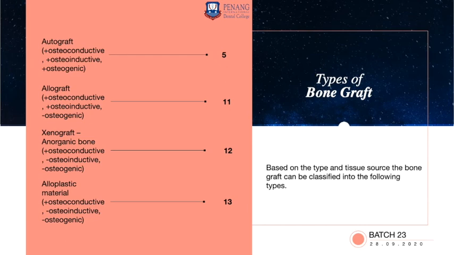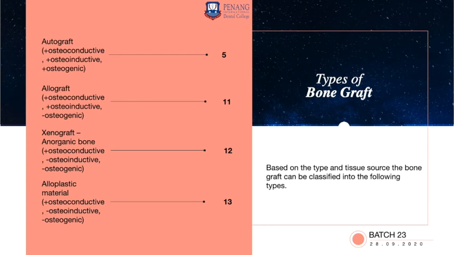The third variant of graft material is xenograft. These are graft materials harvested from a different species, most commonly from cow or ox. So these are the two animals from which the graft material is harvested. The fourth type of graft material is alloplastic material.